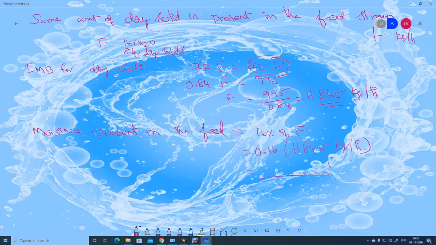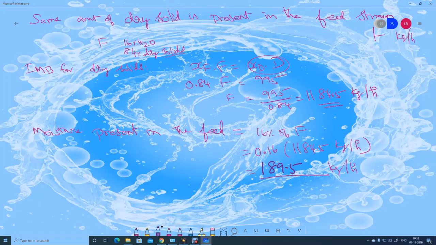So that is this much kg per hour. Using the calculator, 1184.5 into 0.16 equal to, we get 189.5. 189.5 kg per hour is the mass of moisture present in the feed.